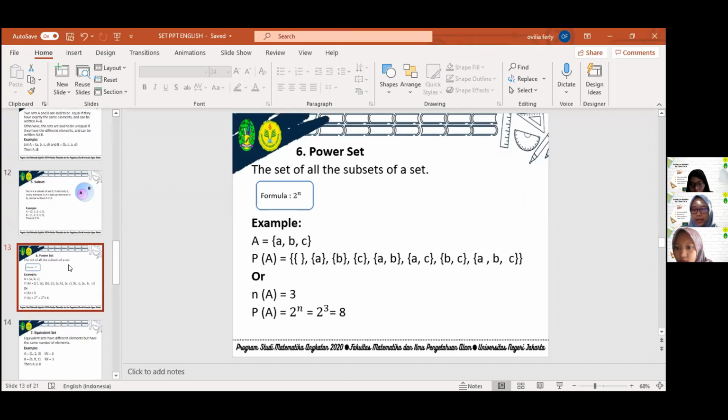Like in this slide, set A has 3 elements, a, b, and c, and the power set of A is the empty set, {a}, {b}, {c}, {a, b}, {a, c}, {b, c}, {a, b, c}. No matter how many members the set has, the empty set will always be a subset of every set.